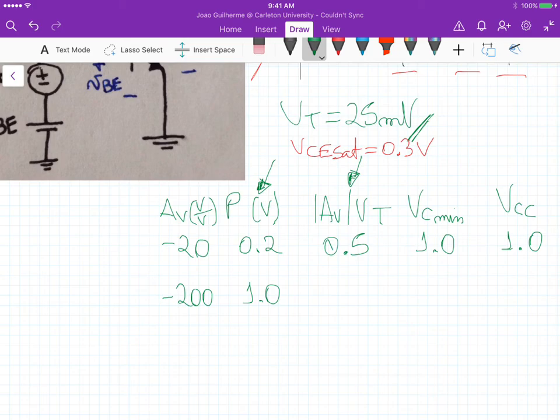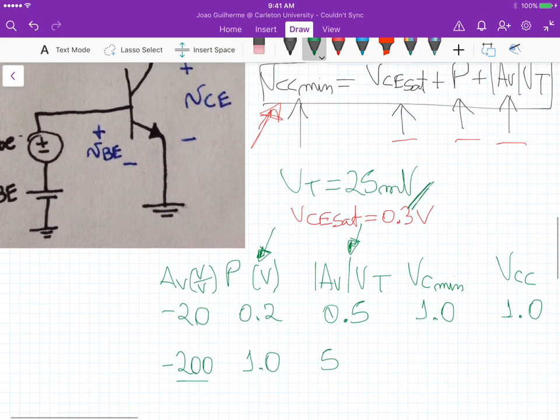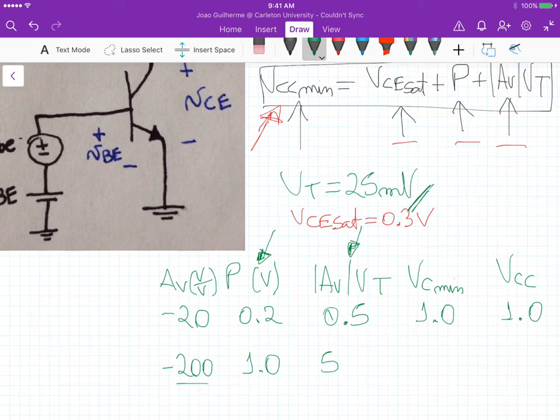If we take this 200 multiplied by 25 millivolts, we get 5 volts for the magnitude AV times the thermal voltage, which gives us a VCC min of 6.3 volts, and then we can round to 6.5.